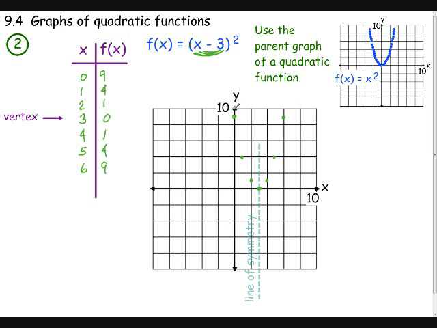So what have I got here? I've got a familiar looking parabola, at least if I were drawing it right. Oops. Let me undo that.